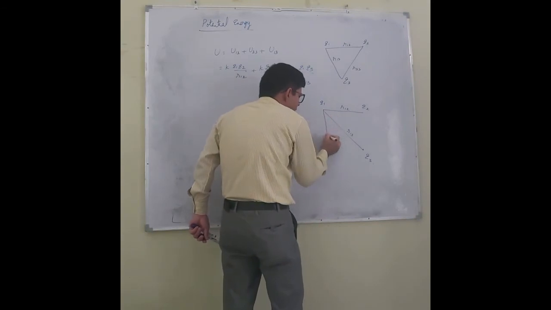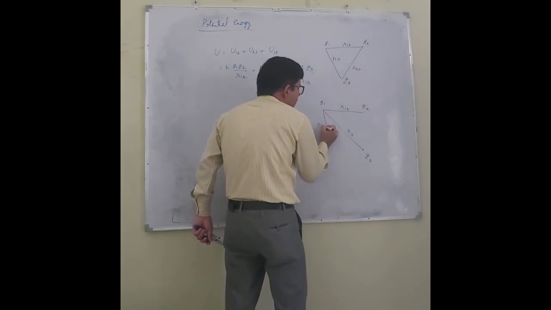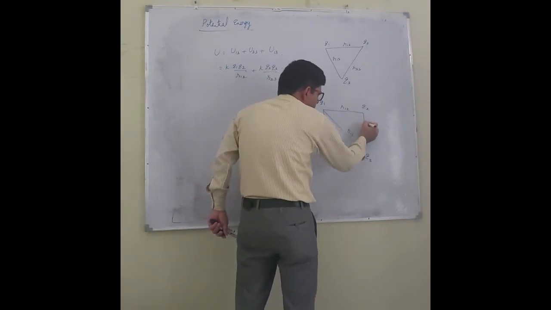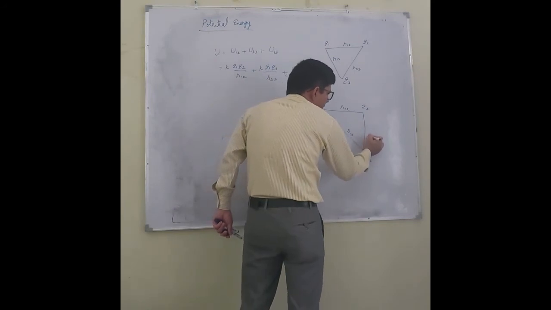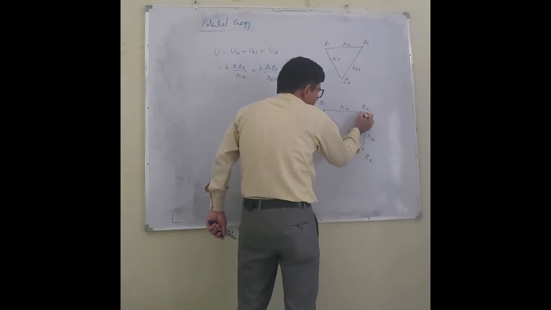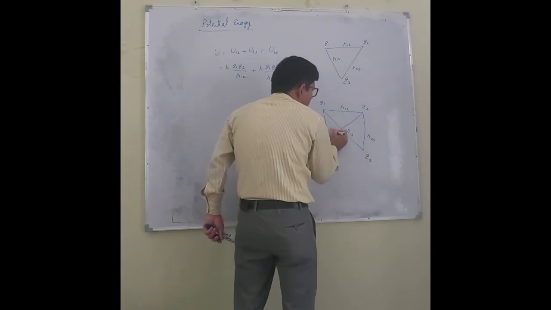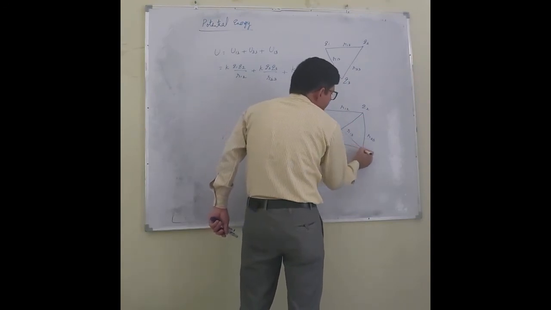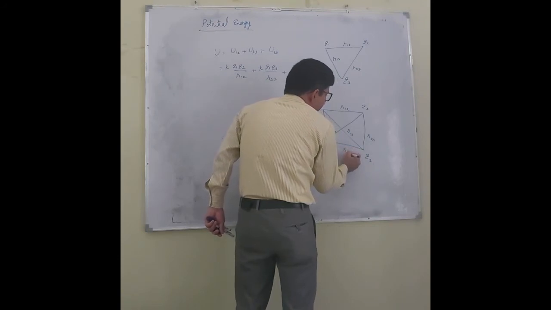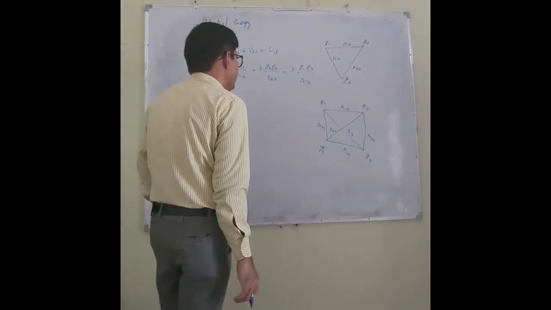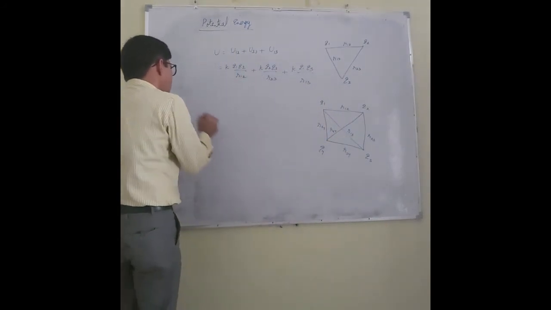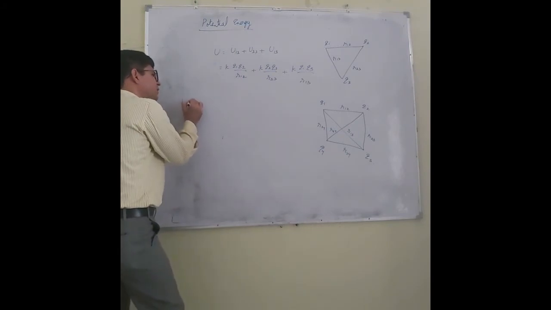Separation between Q1 and Q4 is R14. Separation between Q2 and Q3 is R23. And separation between Q2 and Q4 is R24. And this separation is R34. Q3 and Q4 is R34. What is the potential energy of this system?